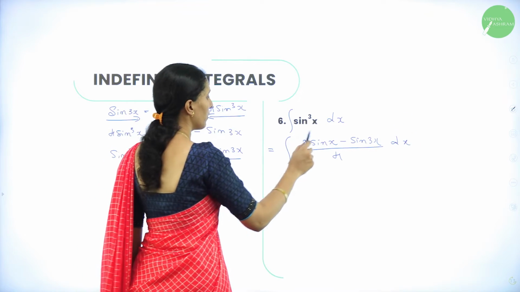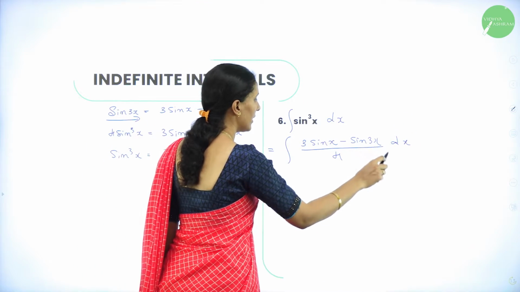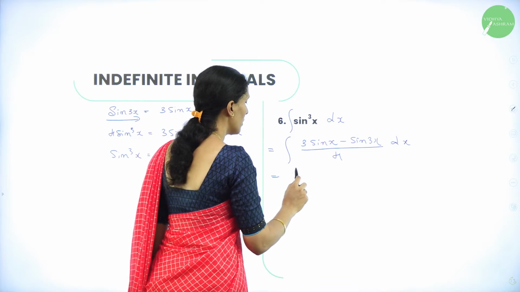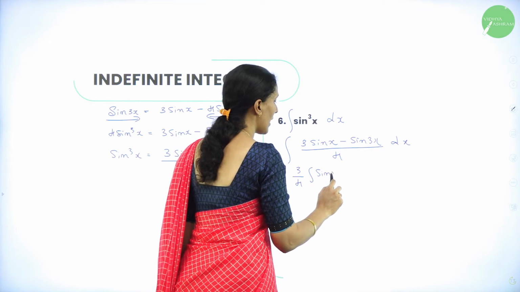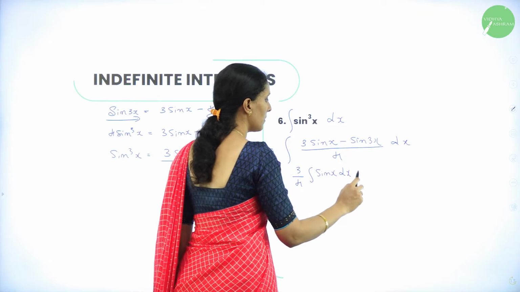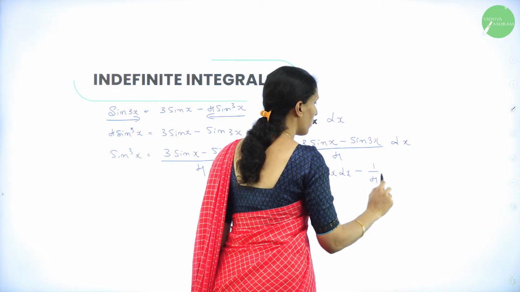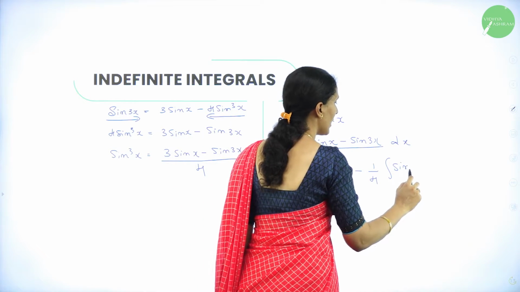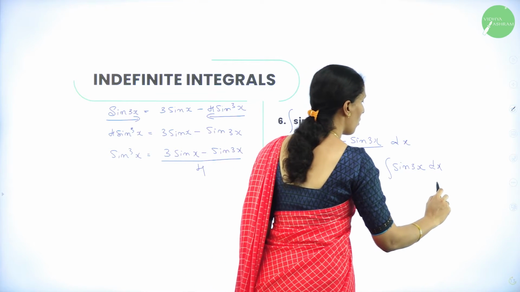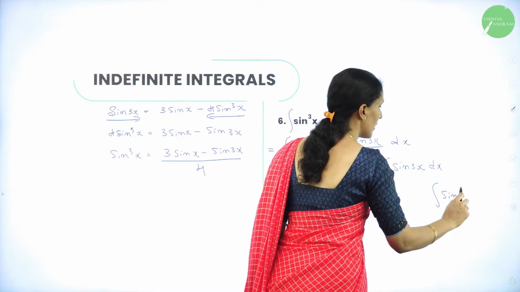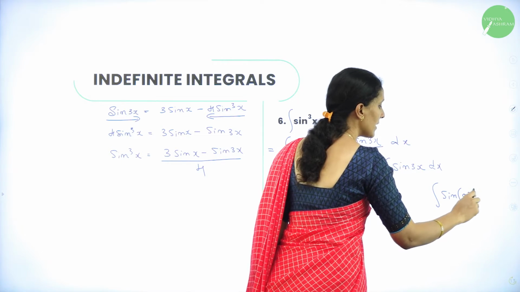Now here we have to integrate separately. Take 4 outside. So this becomes 3 by 4 integration of sine x dx. Similarly here, 1 by 4 integration of sine 3x dx. Now this is only in the form of sine ax, b is 0.